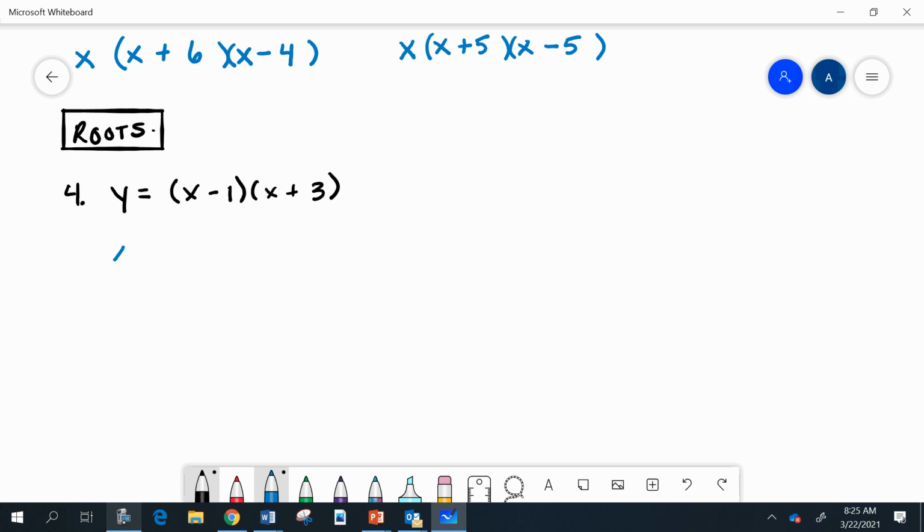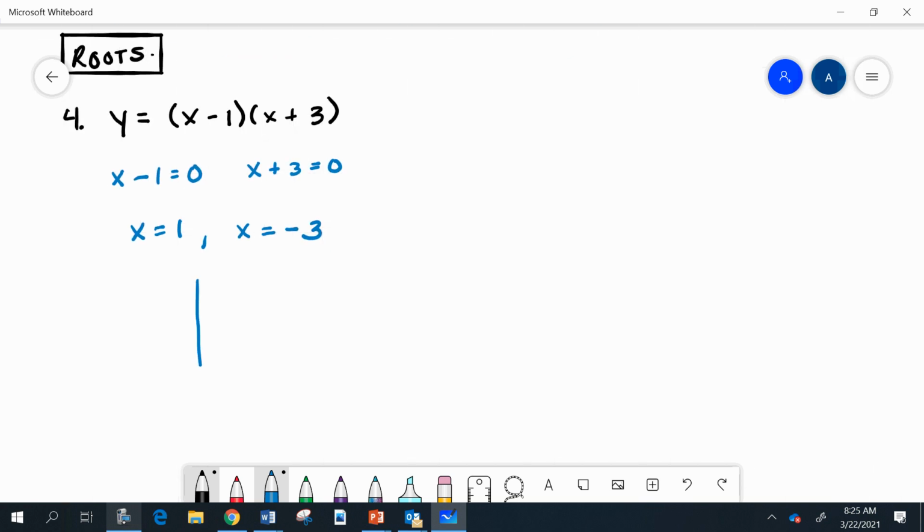Well, the roots then, as you know, when something's in factored form, we then set the factors equal to 0, and the roots are 1 and negative 3, which means that visually, I know that this is a quadratic, right? So it's going to make a parabola, but it's a parabola with roots at 1 and negative 3, and it would be a parabola like this that crosses at those roots.